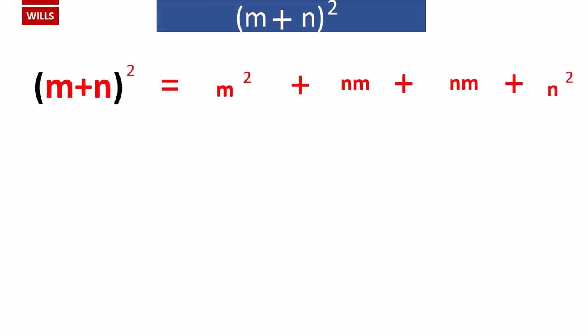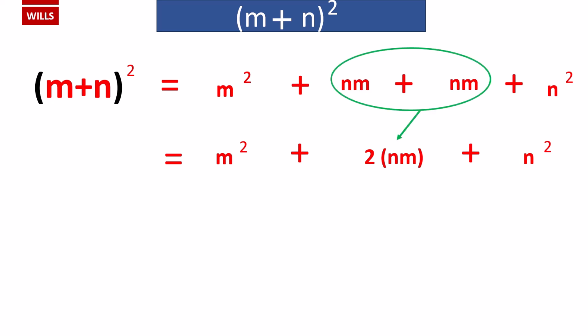Now m plus n all squared is equal to m squared plus nm plus nm plus n squared. But we can see that we have 2 of the nm's in the equation, so we put them together, and that gives us 2nm.